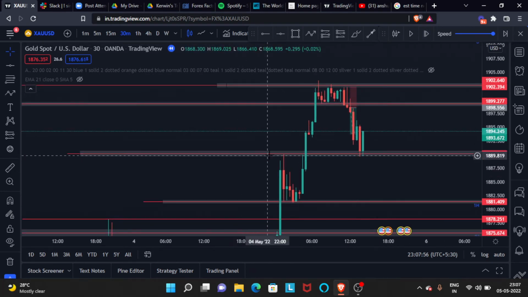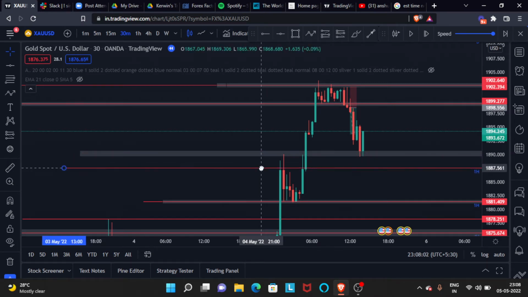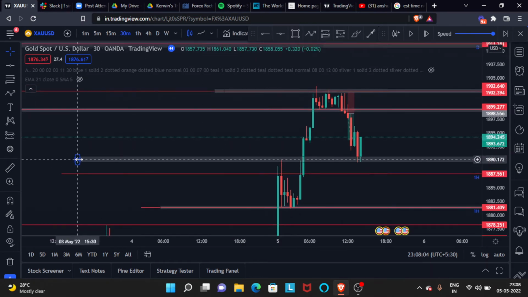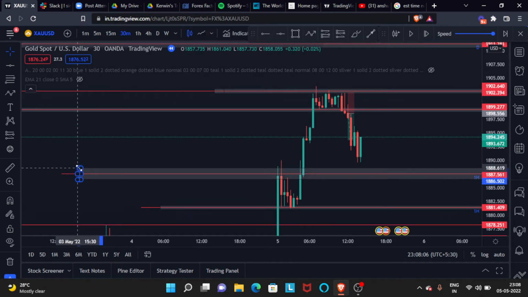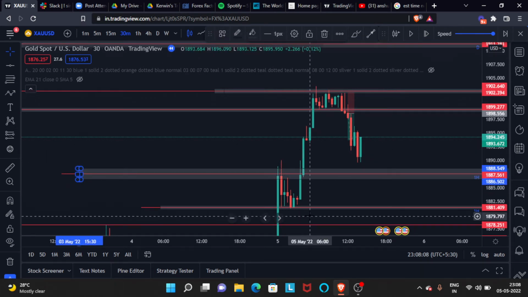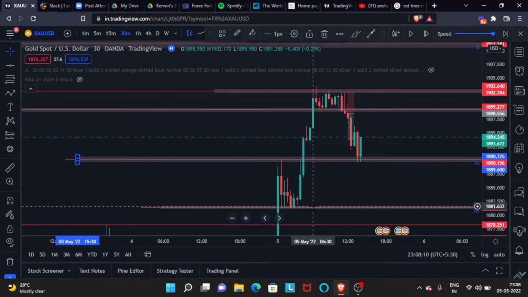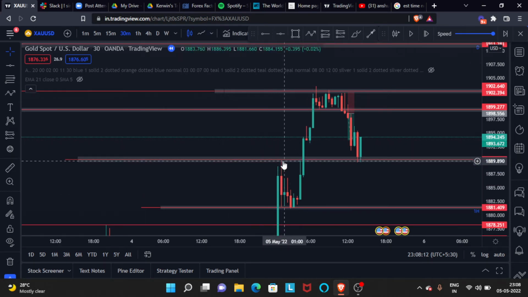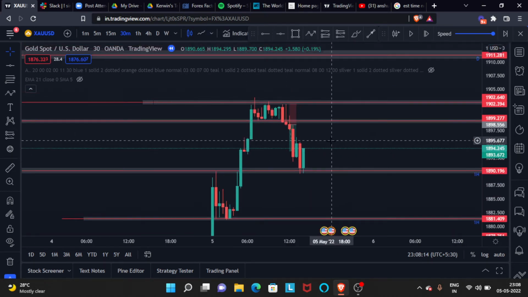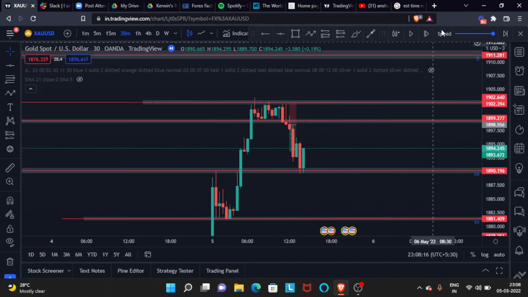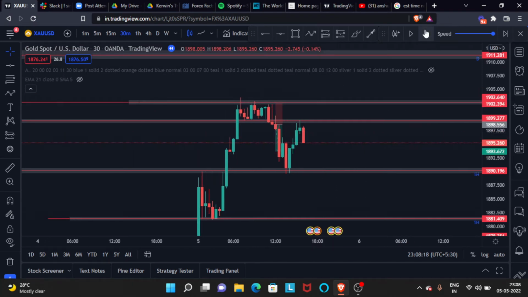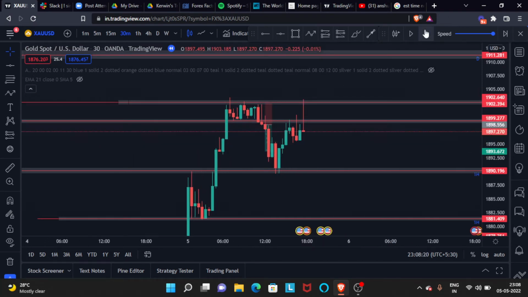This rejection, I marked somewhere here, which was a little bit above, I would say. Then I changed that and marked the rejection here. But it made sense to go up and retest the highs once again, right? And then it was the NY open.